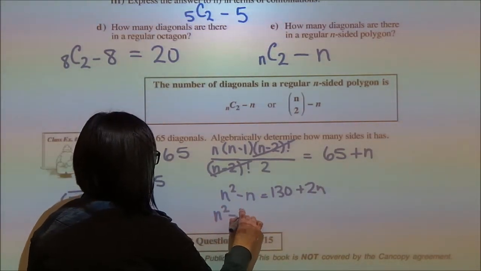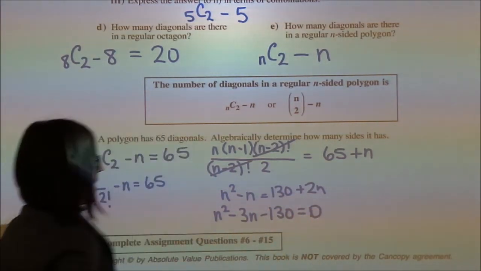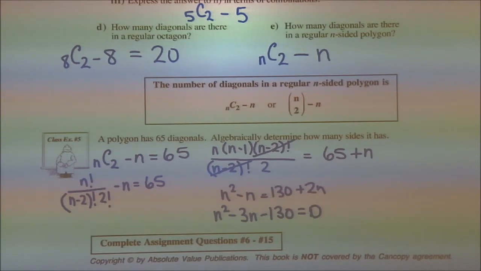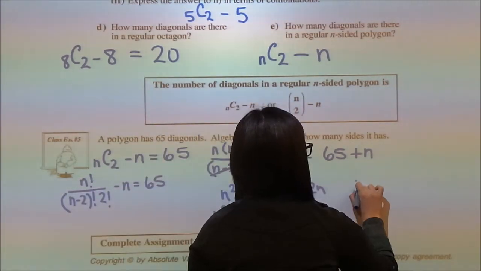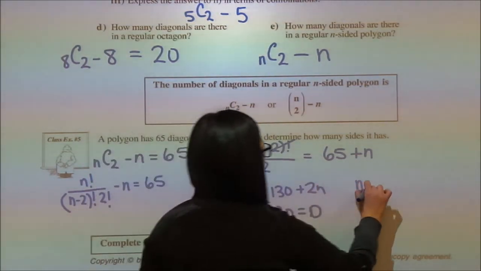So I get n squared minus 3n minus 130 equals 0. And now I want to factor that. Multiply to negative 130, add to negative 3. Positive 10, negative 13. So 10 and 13.